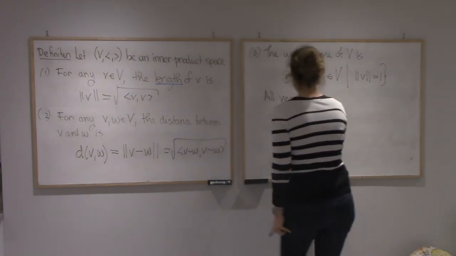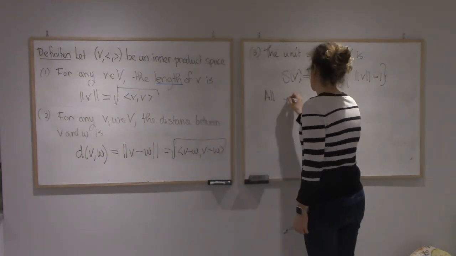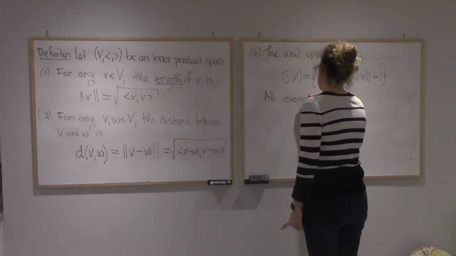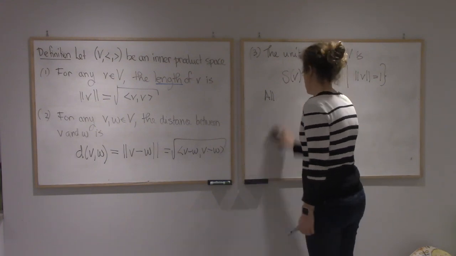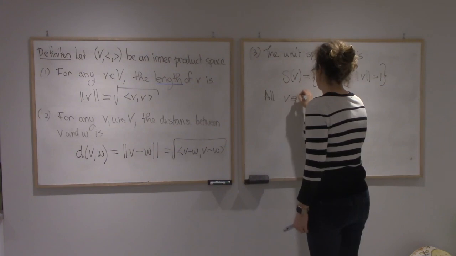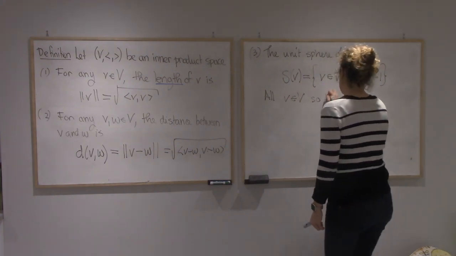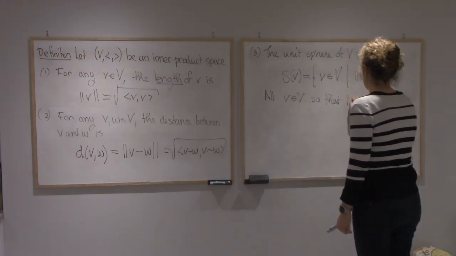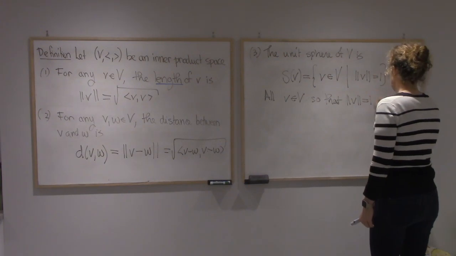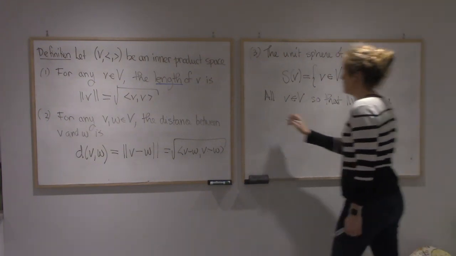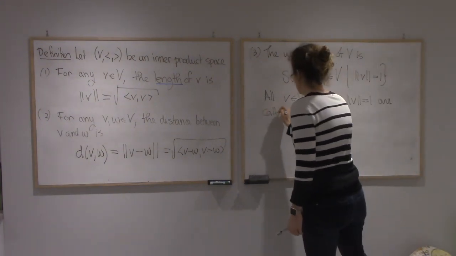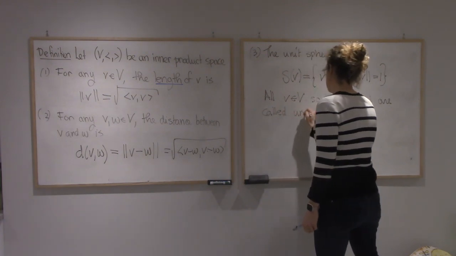So all elements v in V so that the length of v is 1 are called unit vectors.